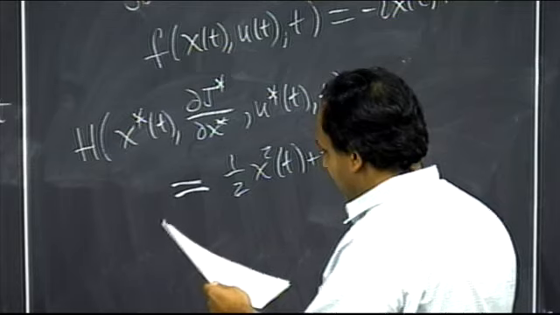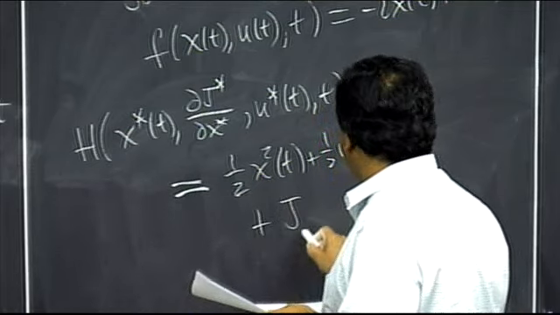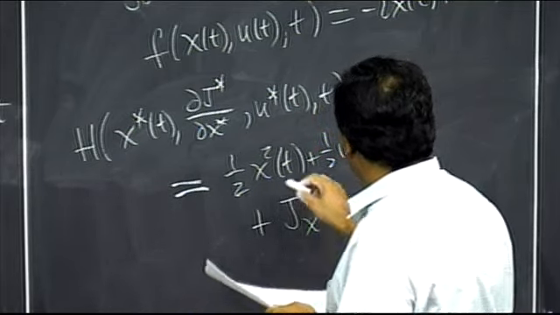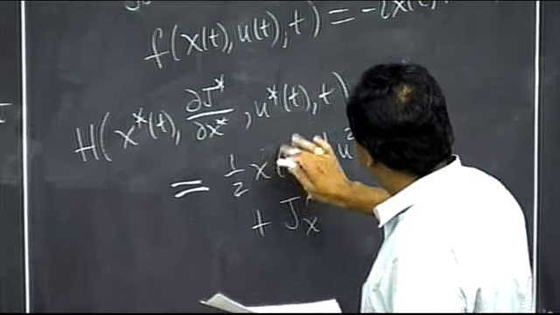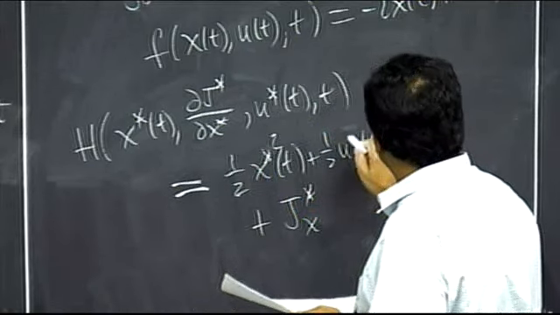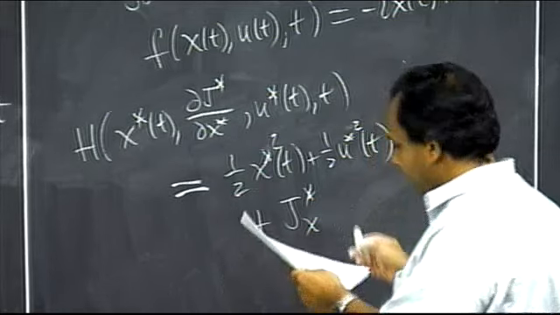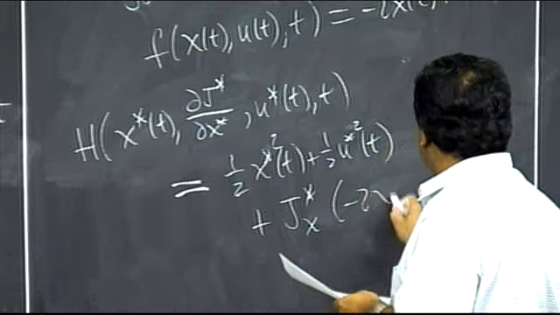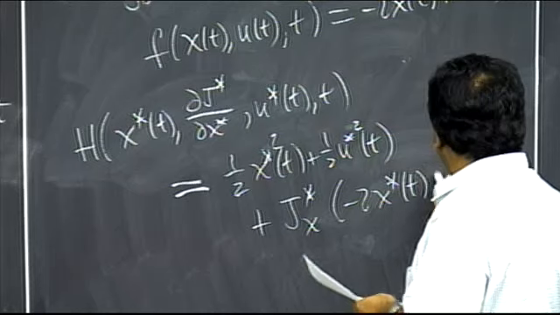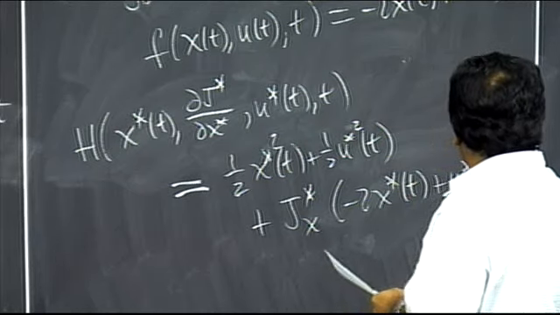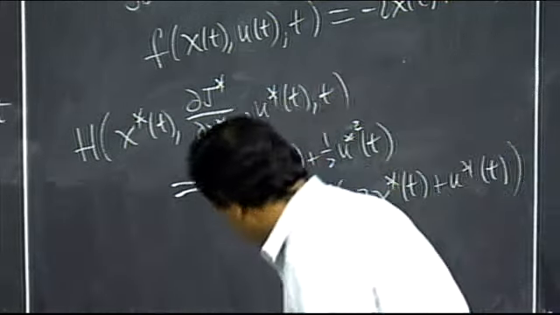That's my Lagrangian. Plus jx star, these are all stars, times minus 2 x star of t plus u star of t.